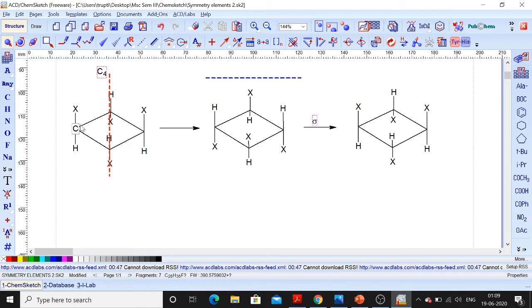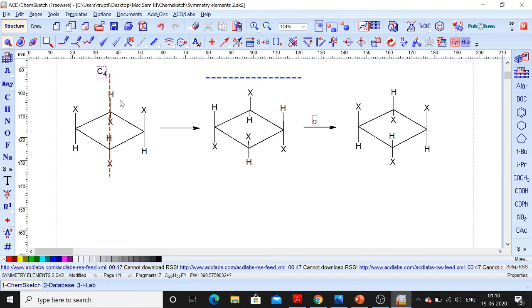So when I rotate it by 90 degrees, what will happen? This molecule will shift to the next position. That means the next position will have X on the top, H at the bottom. This will shift to the next position. That means now at this carbon, I'll have hydrogen on the top and X down. So like this, I have arranged all the atoms.